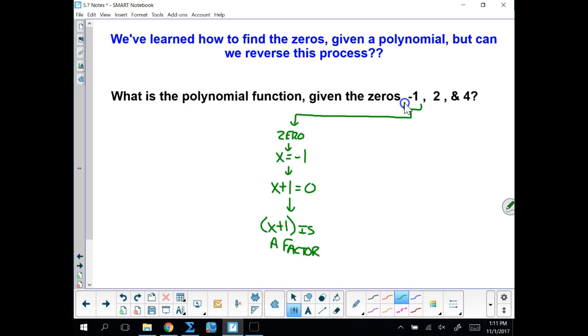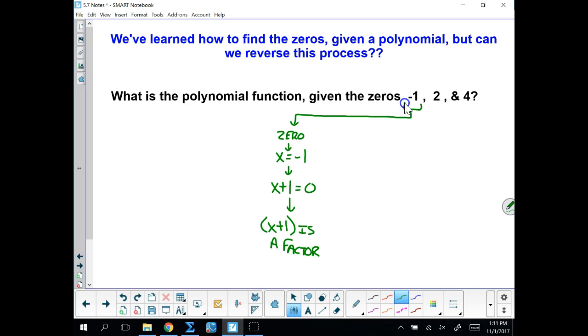So if we're working in reverse, we have the 0. Let's set that equal to x, because that would have been the second to last step yesterday. Then let's get that equal to 0, because we would have set the factors equal to 0. So then let's call it a factor. You're doing the exact same thing, just in reverse.